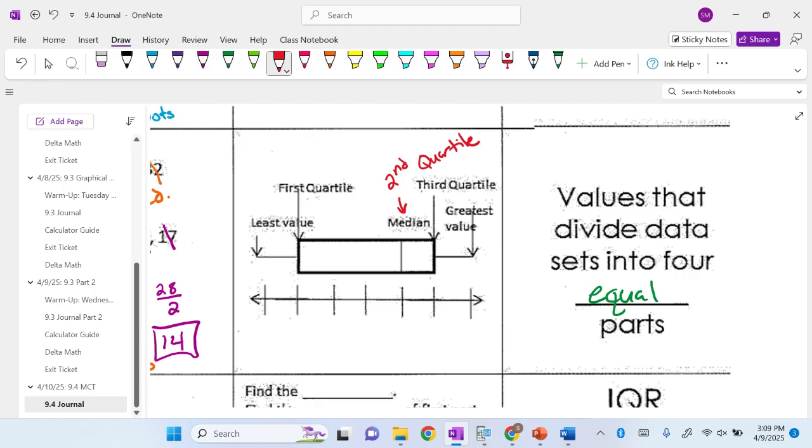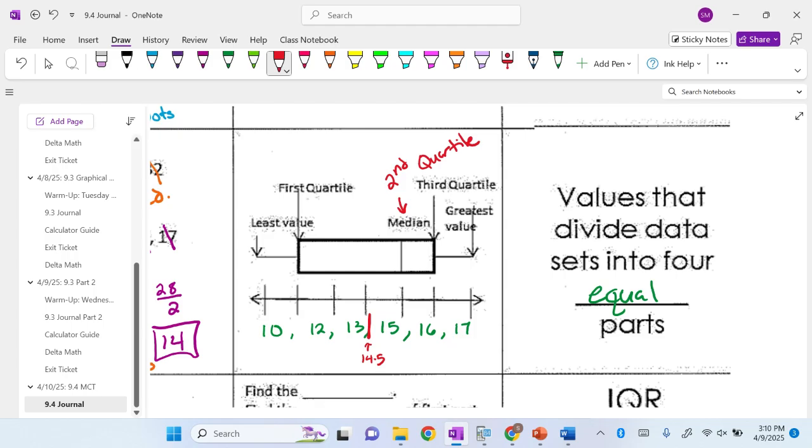But if I want to find my quartiles, all I got to do, like for example, I'm just going to rewrite one of the examples that we did for median. So I got 10, 12, 13, 15, 16, and 17. So we already said our median was here and that it was 14.5.